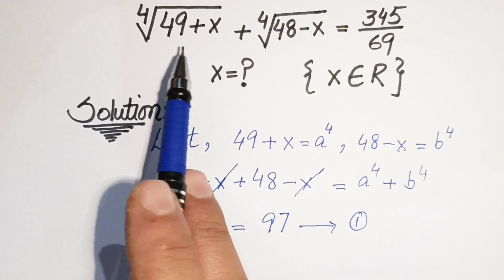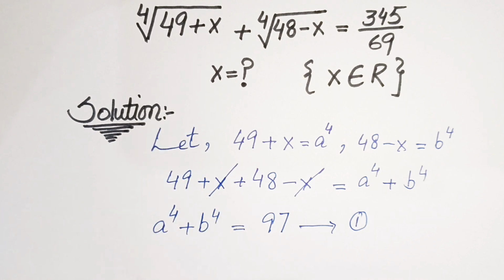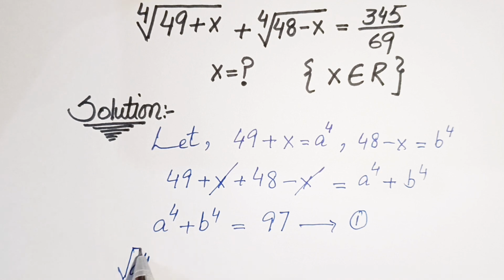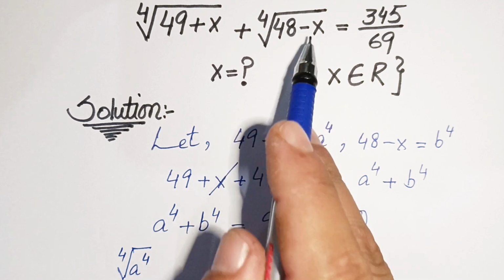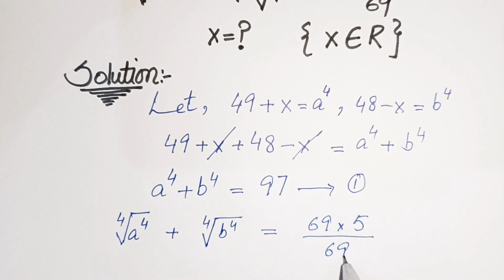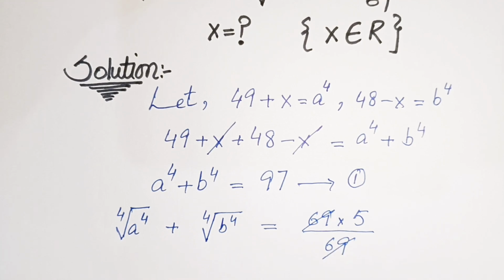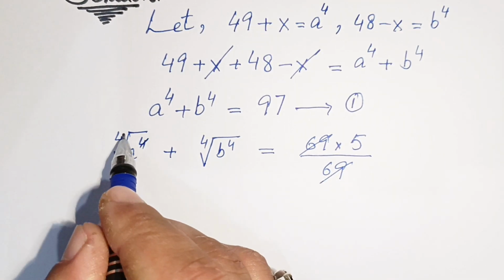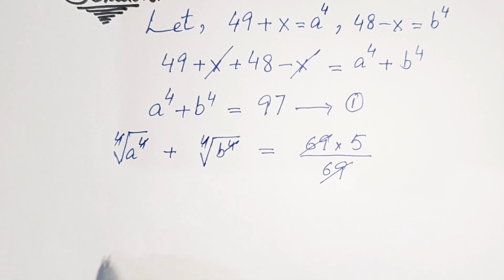Substituting these values, the given equation becomes the fourth root of a to the power 4, plus the fourth root of b to the power 4, where b to the power 4 is 48 minus x, which is equal to 345 over 69. 345 can also be written as 69 times 5, so the 69 cancels with 69, and the fourth root cancels with the power 4.